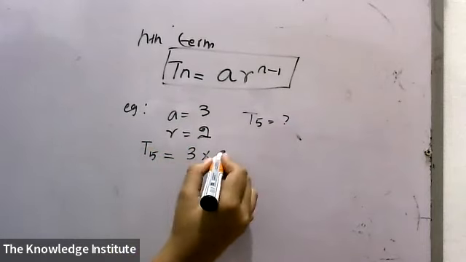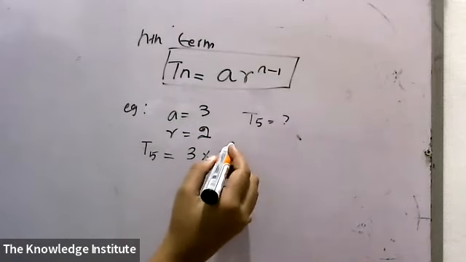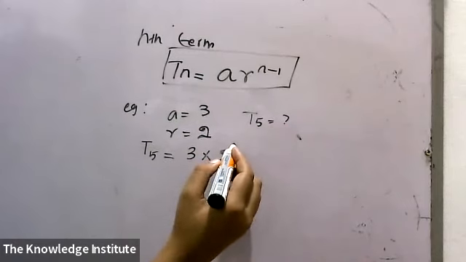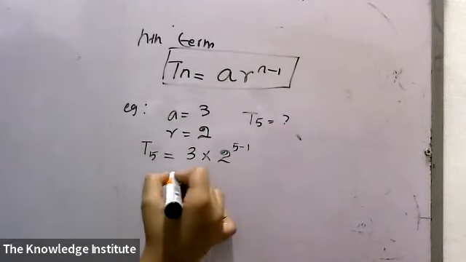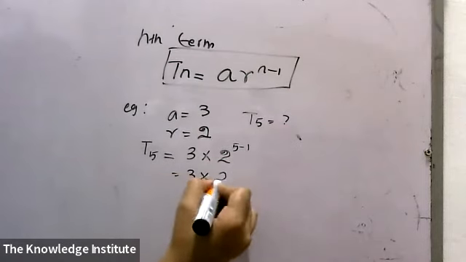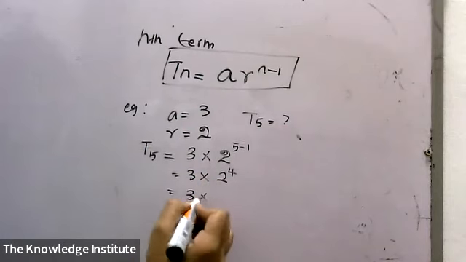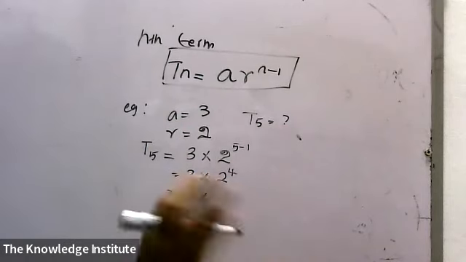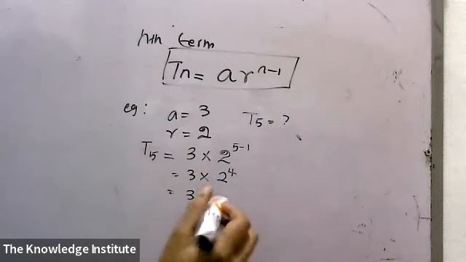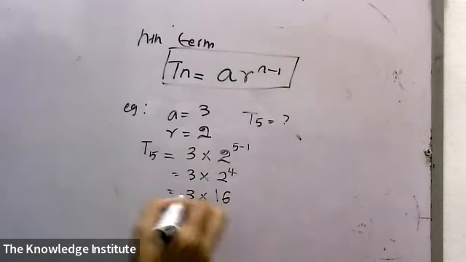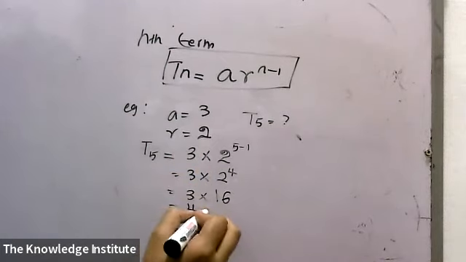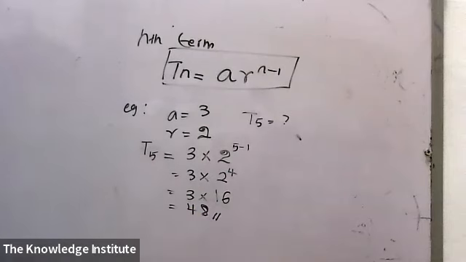What is r value? 2. What is the n value? 5. 5 minus 1. 3 into 2 to the power 5 minus 1 is 4. What is 2 to the power 4? 2 twos are 4, 4 twos are 8, 8 twos are 16. 16 threes are 48.